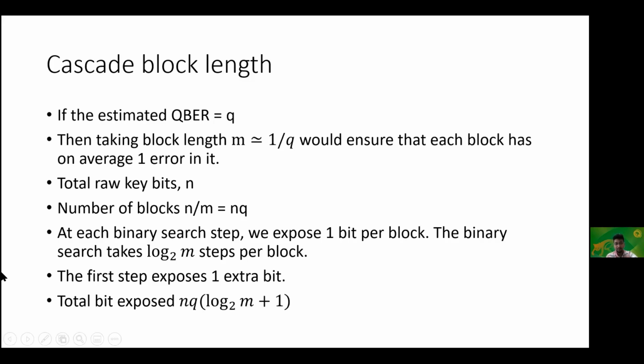Therefore, the total number of bits exposed during this protocol is this number. So NQ is the total number of blocks, and each block exposes this number of bits during the cascade. So you see that even though you are correcting some of the errors, you are also paying some price. You are exposing these bits. Similarly, in LDPC, when you corrected the error, you exposed the syndrome bits. Here, this can also be considered as the syndrome cascade.